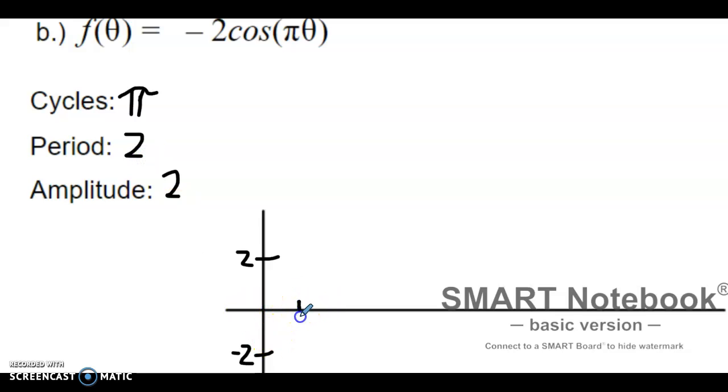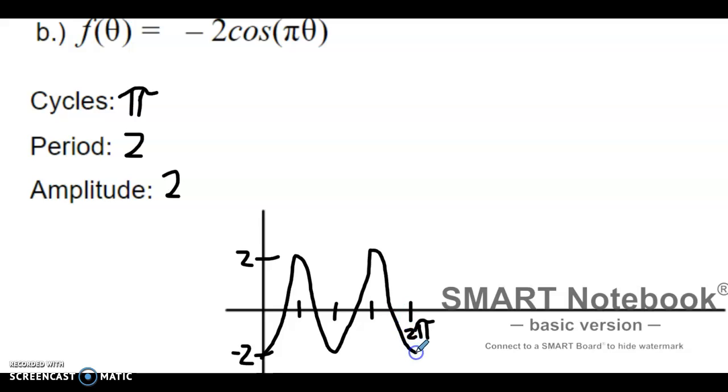So that means from 0 to 2 pi, I'm going to have 2 complete periods, and every pi, I'm going to have a cycle. Now it's negative cosine, so instead of starting up here, I'm going to start down here. And I go up, and at halfway, it's right there, and then it comes down here, and then halfway, it's back up to the top, and then it comes down here, and it ends right there.